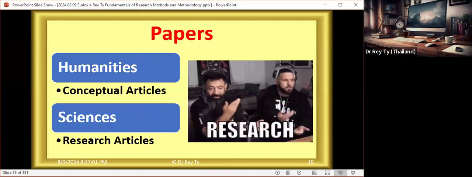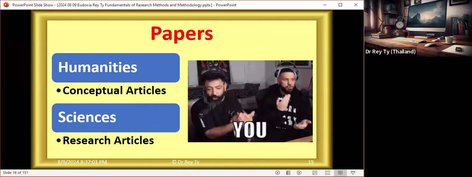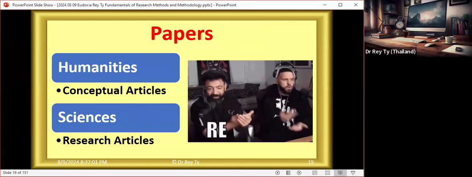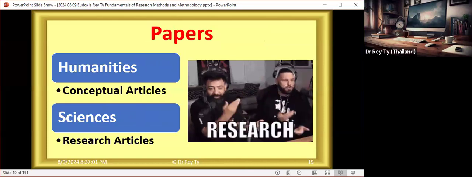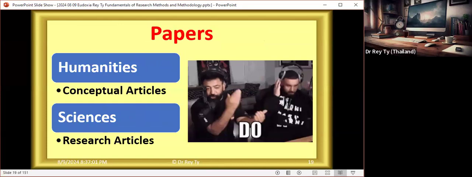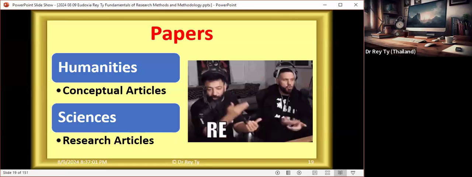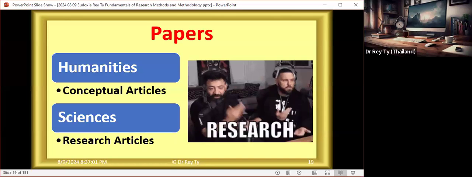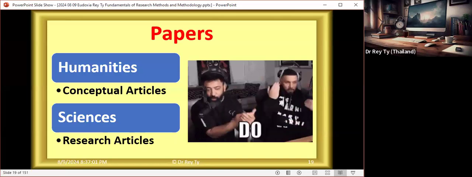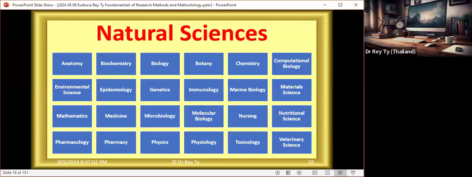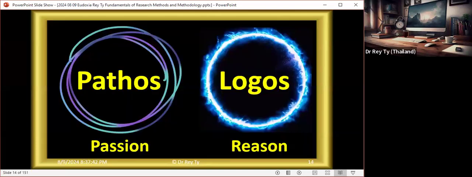Now, the type of paper you write in the humanities and philosophy is called a conceptual paper. And the paper you write for the social sciences and natural sciences is called a research paper. In many journals, in fact, you have three sections. Section one is the conceptual article. Remember the format of how to write it?